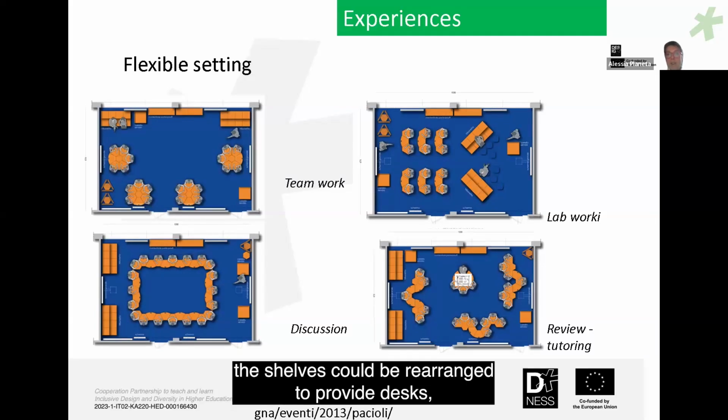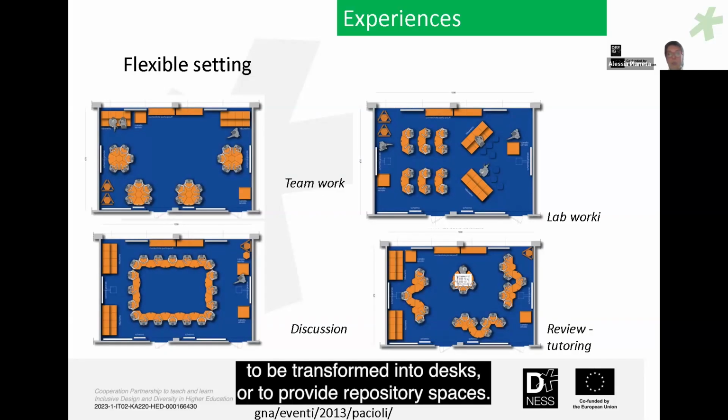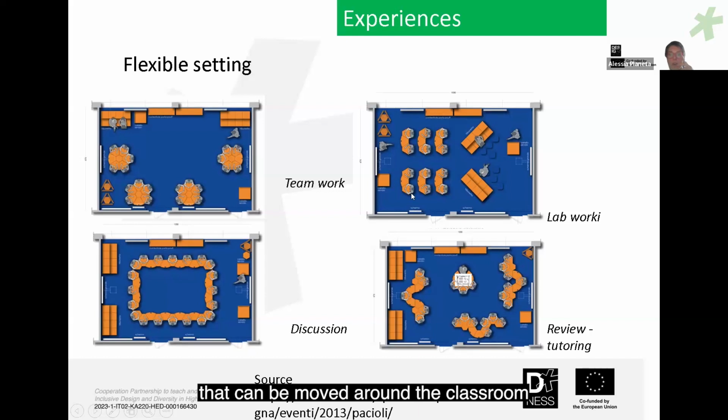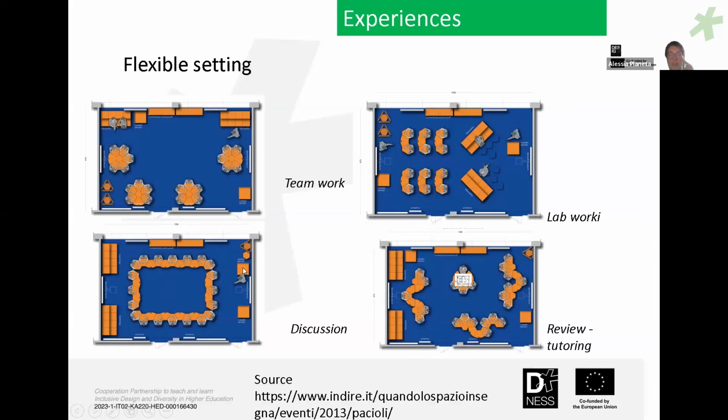The shelves could be rearranged to be transformed into desks, or to provide repository spaces. There are rolling tables that can be moved around the classroom and can work as a desk.